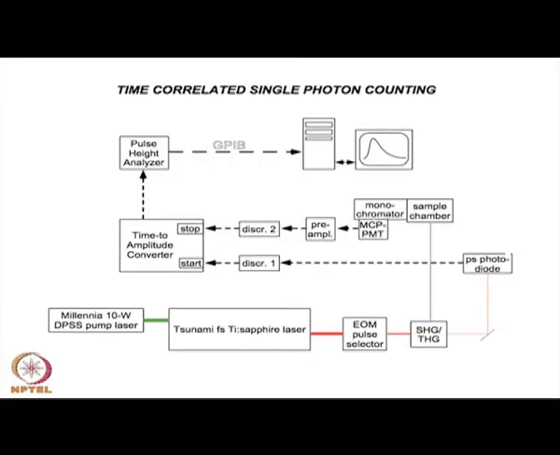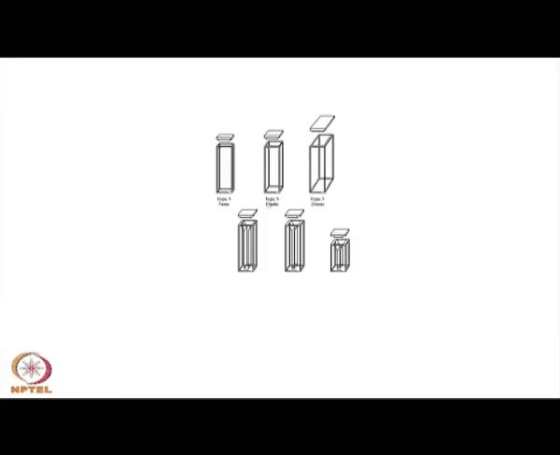So if you are unable to remove oxygen from your solution, from your cuvette, this is a typical cuvette that we generally use for emission measurement. You see that all the 4 windows are open, and this is a different size cuvette. When you put your sample in the cuvette and you are interested in looking at the triplet state, you have to be very careful.